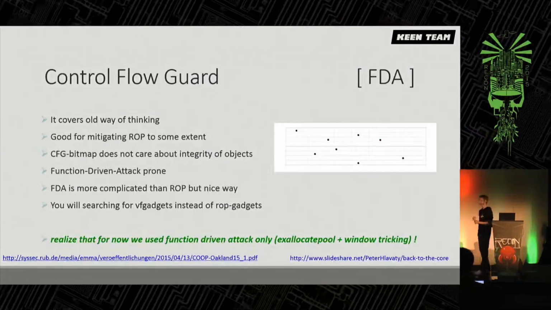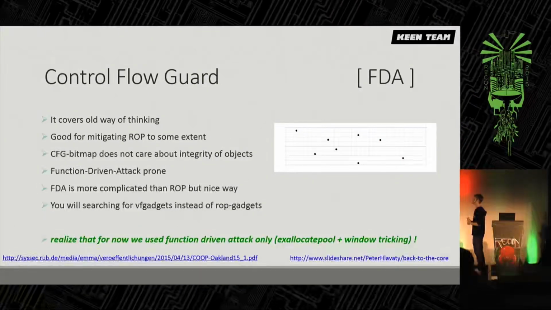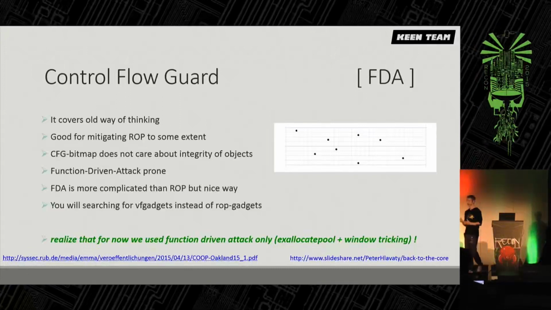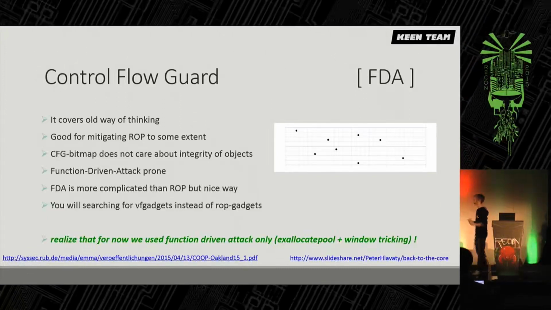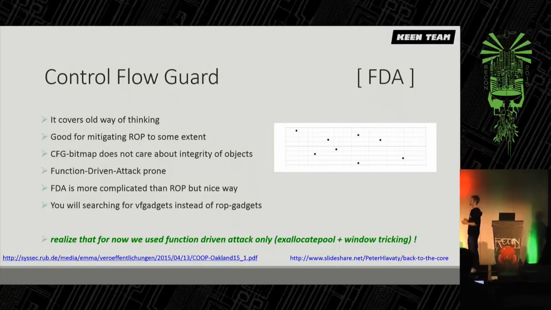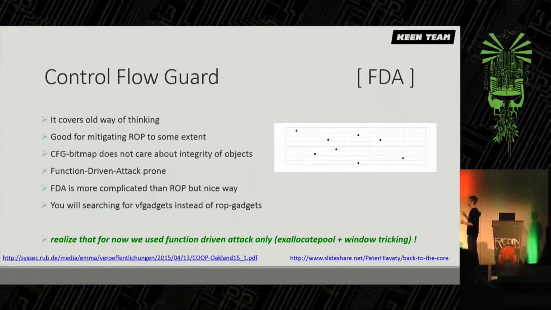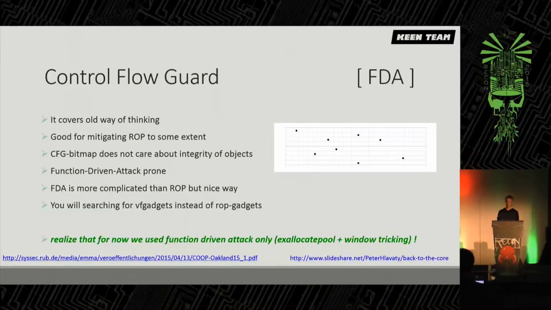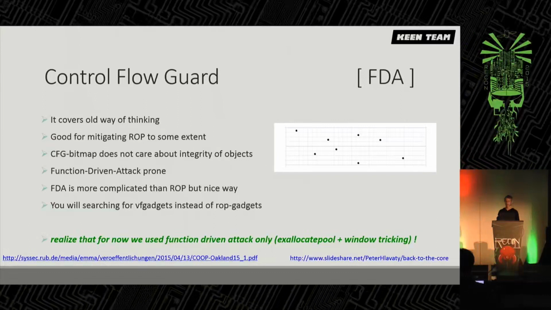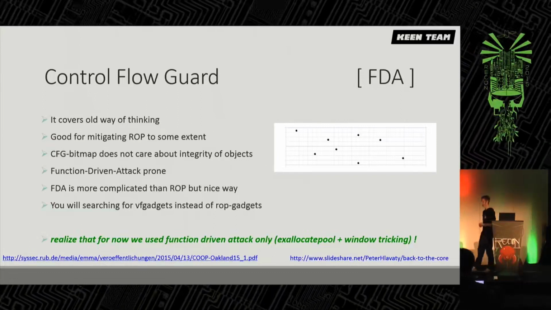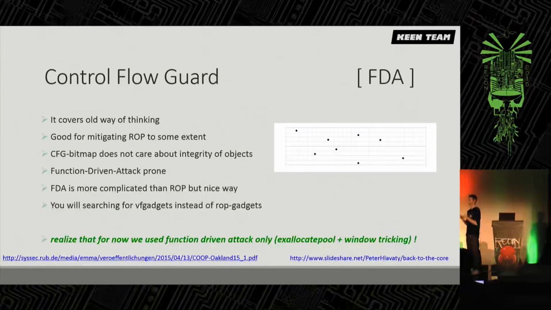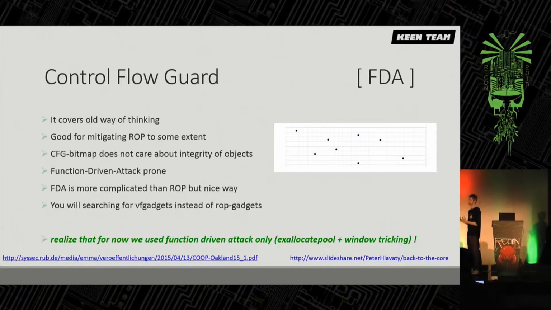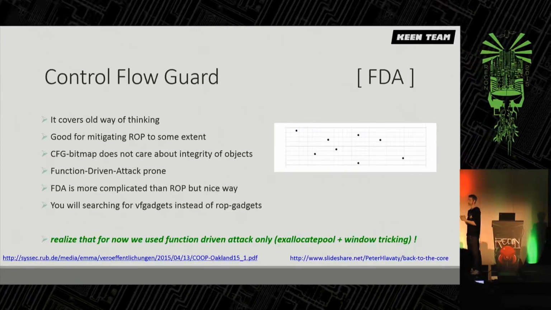But in fact, this Control Flow Guard only covers some idea of ROP, but ROP is kind of old. I admit it kind of handles this ROP issue, kind of effective to some extent at the beginning. But when you look at a different scope, you can exploit these virtual calls also with just valid functions, where we provide some amount of functions that are supposed to be called.